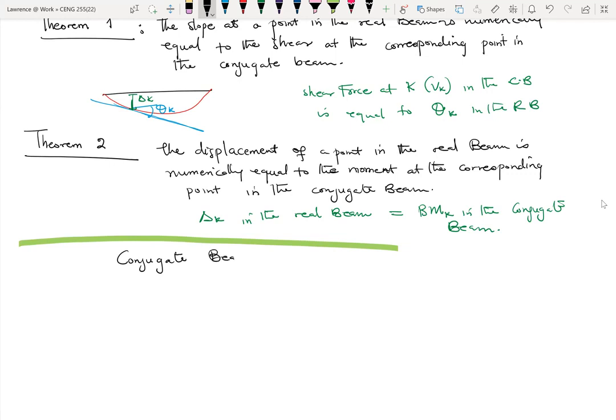Conjugate beam supports. And these supports come about as a consequence of the two theorems, so of theorems 1 and 2.